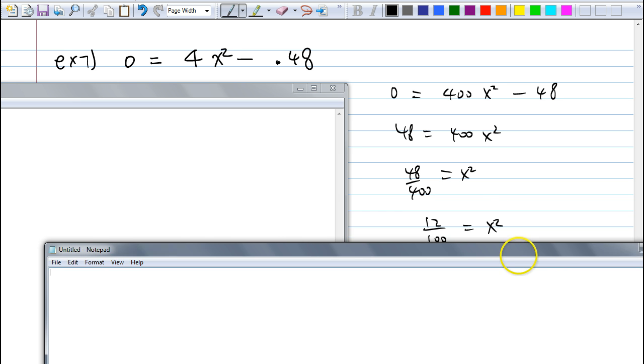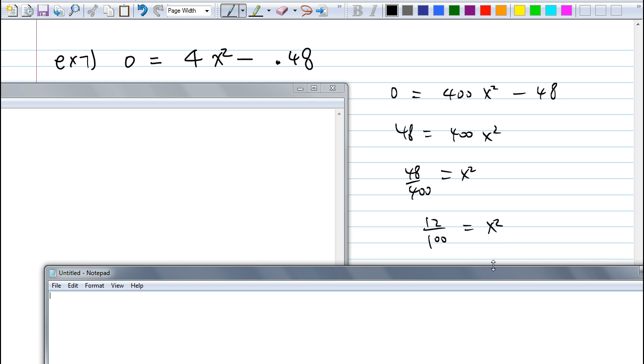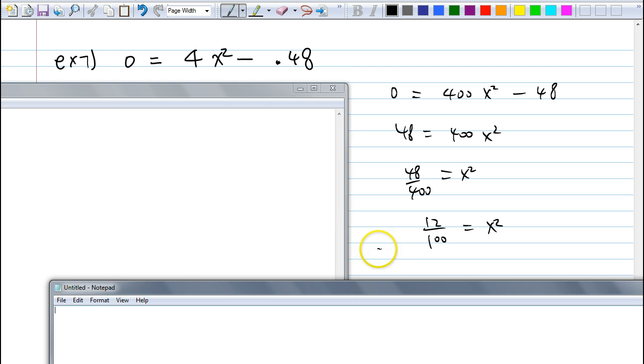Then I could square root both sides. Remember when we were learning solving quadratic equations, if you don't have the middle term, it's easy to solve, right? By just getting the x by itself and square rooting both sides. But you could factor it. There's another way. Or you could use the quadratic formula if you wanted to, but I don't think you want to do that. Okay, so then you square root both sides.